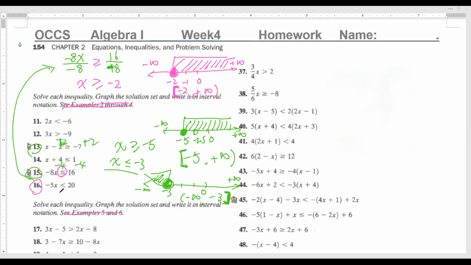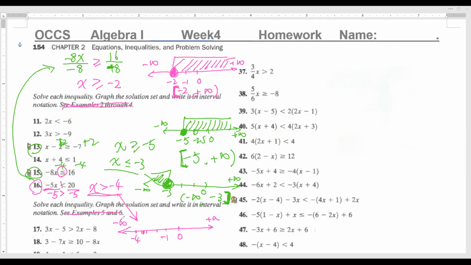All right, let's see number 16. Here you can see the coefficient of this one is also negative, -5. So when you divide by -5 on both sides, this one will be changed to greater. So the left part changes into x greater than -4, right? So when you do the graphing, positive infinity, negative infinity, 0, -1, -2, -3, -4.